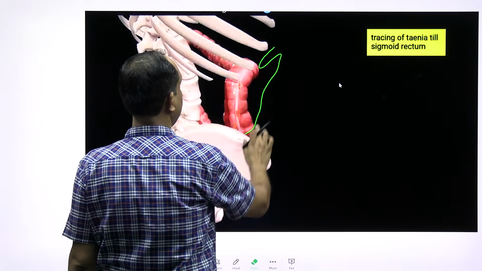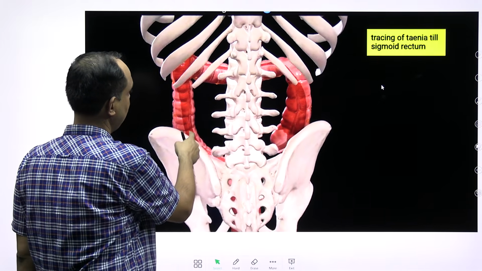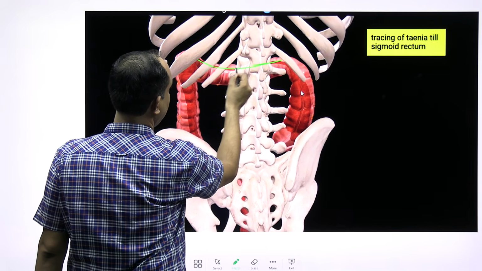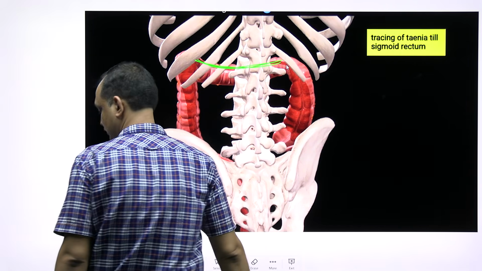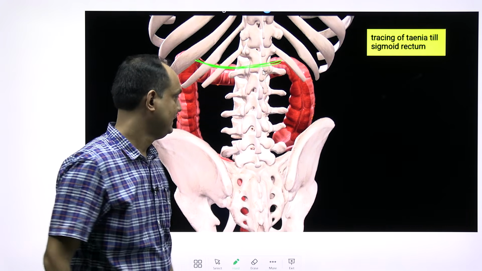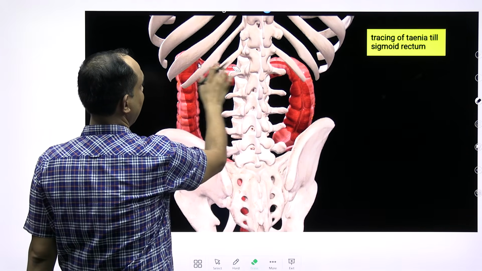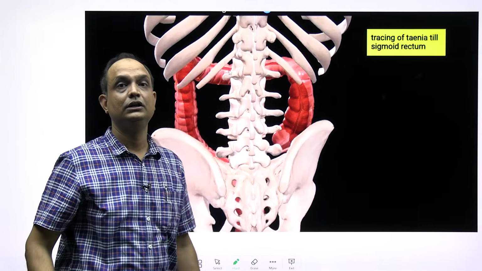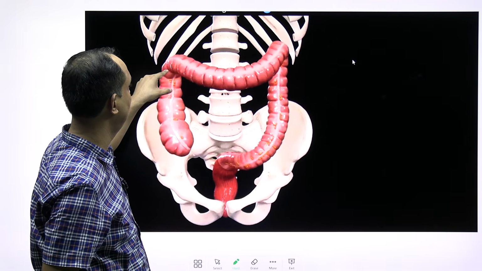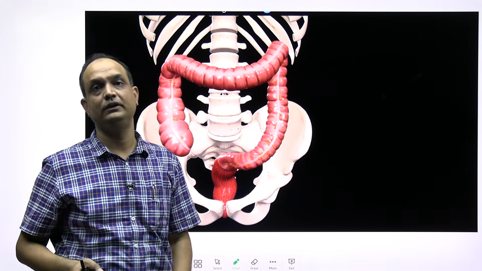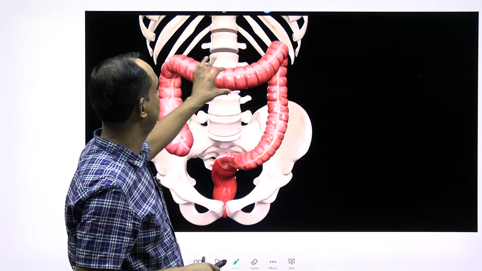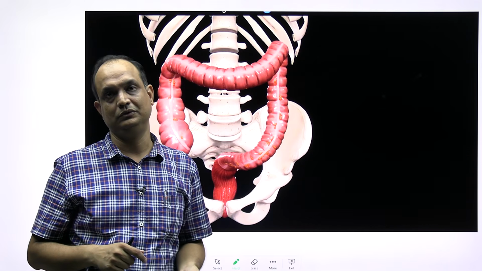Now there is one more Taeniae which is present posteriorly, and you can see that this Taeniae is most posterior here, and it provides attachment to your transverse mesocolon, so it is known as Taeniae mesocolica. So my dear students, when you have the three different Taeniae, the important thing to understand is that their position is different on the ascending colon and different on the transverse colon, but their names are given along the different attachments on the transverse colon.